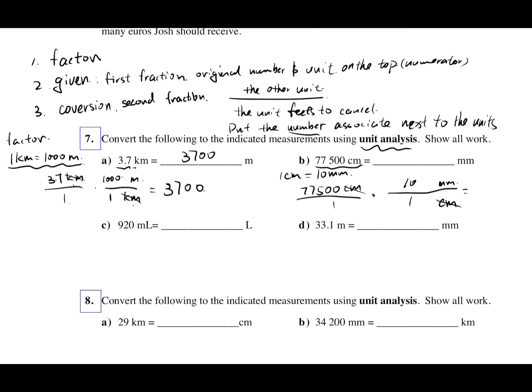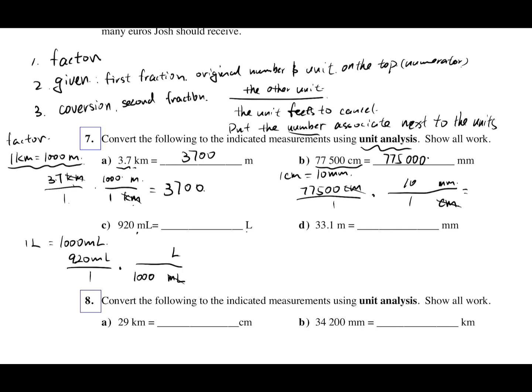Then we cancel this one. It equals 77500 and one more 0. And C is milliliters to liters, so 1 liter equals 1,000 milliliters. First we write the original one, times, and we need to cancel milliliters, so milliliters at the bottom and liters on the top, and then write the number associated with each unit.